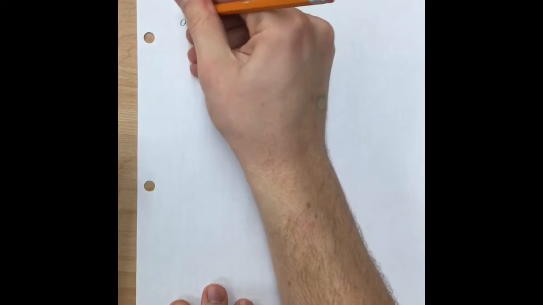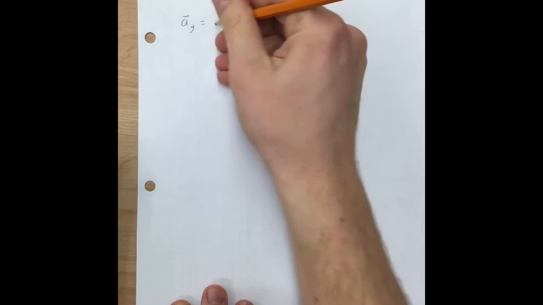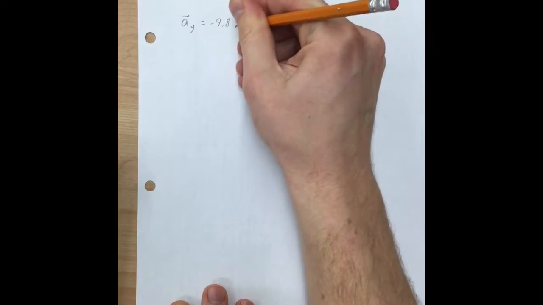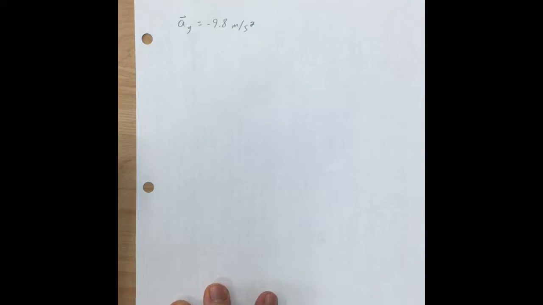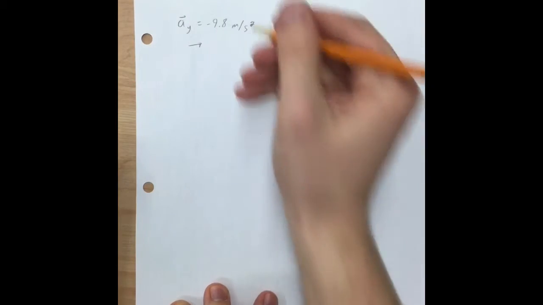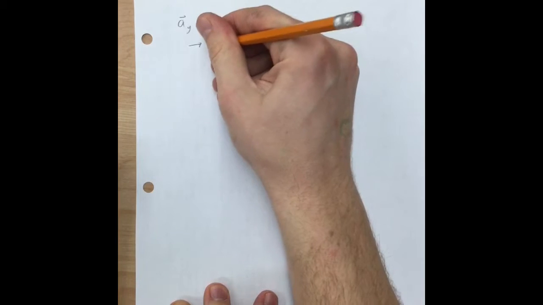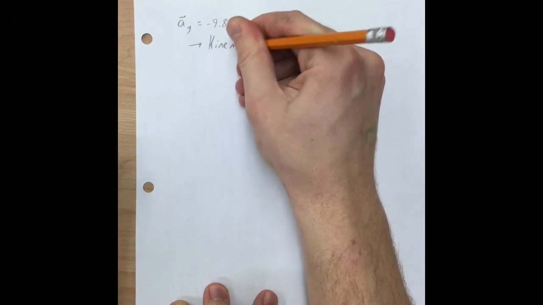So let's start with a reminder of the things that characterize projectile motion. Remember that acceleration in the y direction is always equal to negative 9.8 meters per second squared. And because there is acceleration in the y direction, that means we use kinematic equations in the y direction.